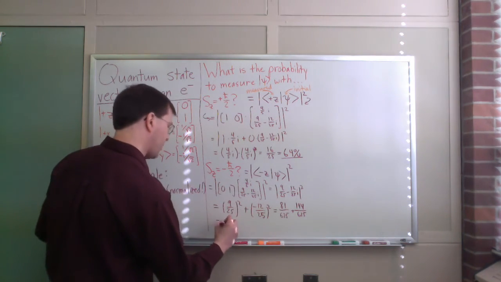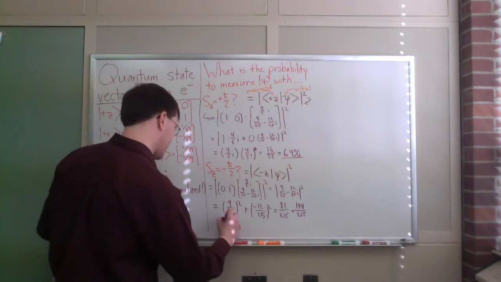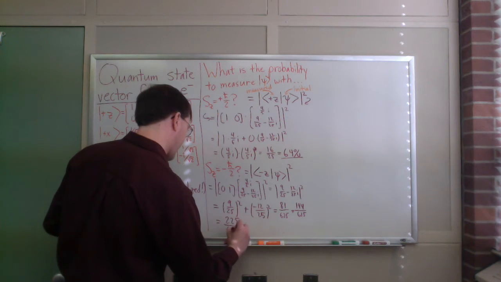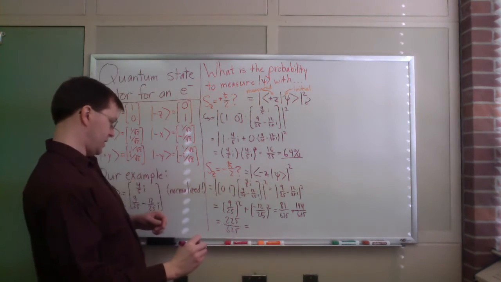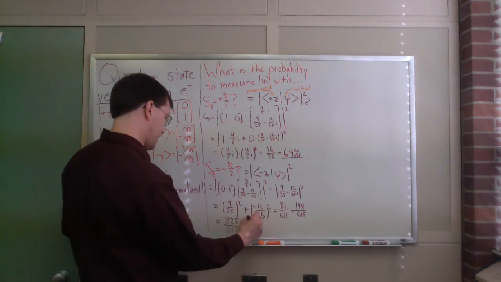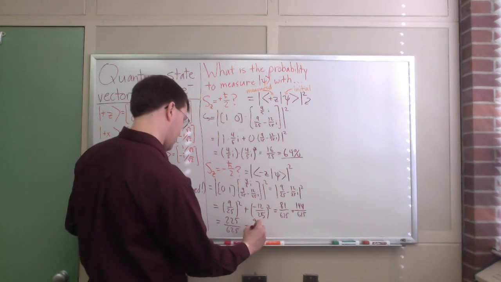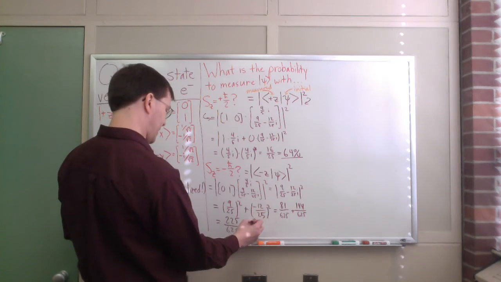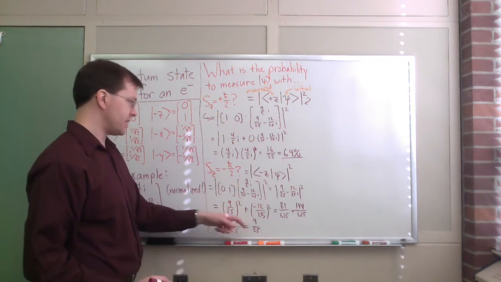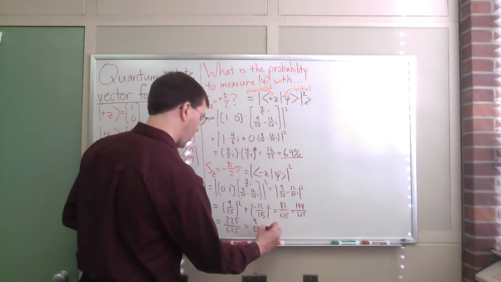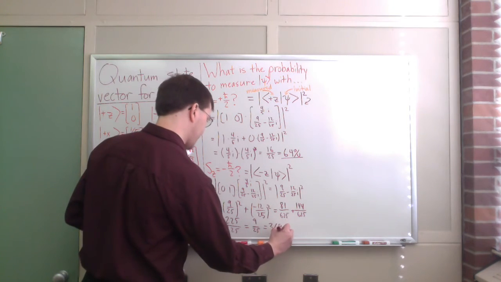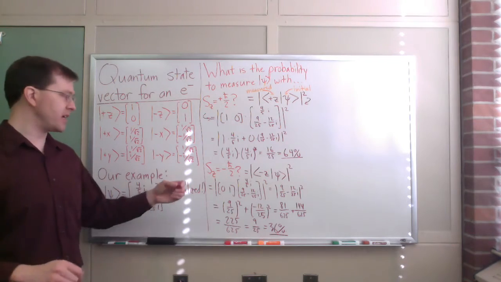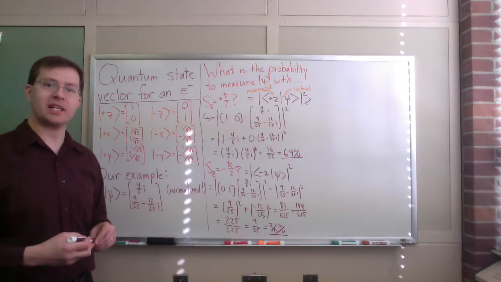When I add that up, that is 225 over 625, which is 9/25, or 36%. So I have a 36% chance of measuring Sz to be minus h bar over 2.